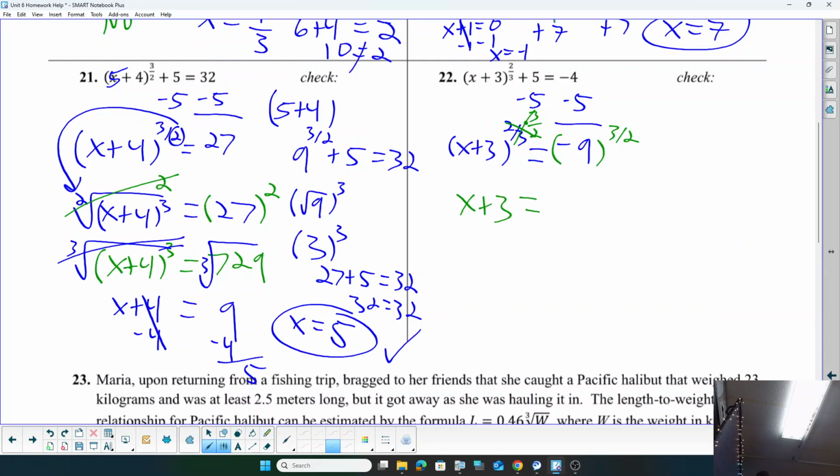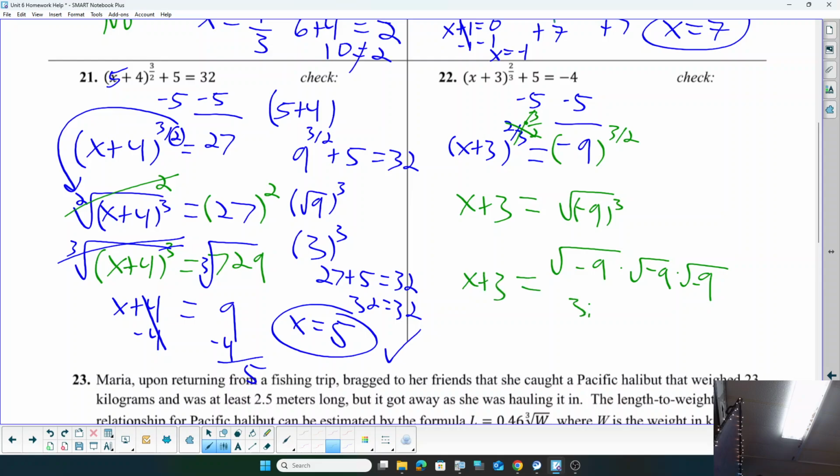So x plus 3 is equal to negative 9 to the 3 halves. So that's the square root of negative 9 to the 3rd power. And so that's the square root of negative 9, negative 9, negative 9. So then those are all i's. I don't even think this is going to work. So we get the square root of what?